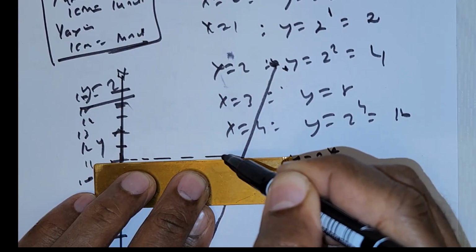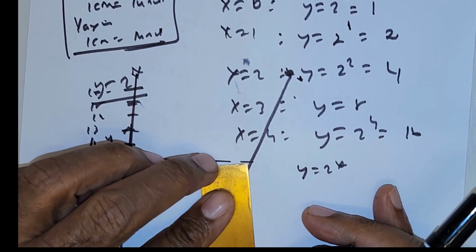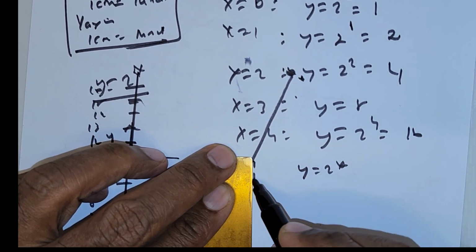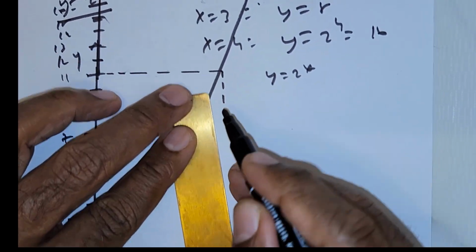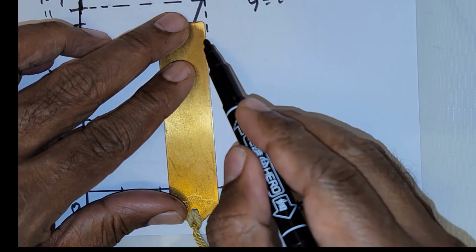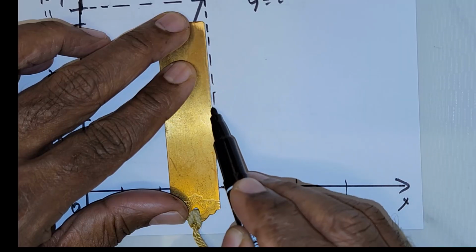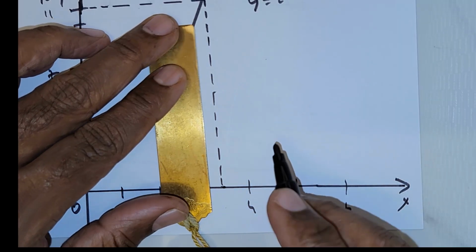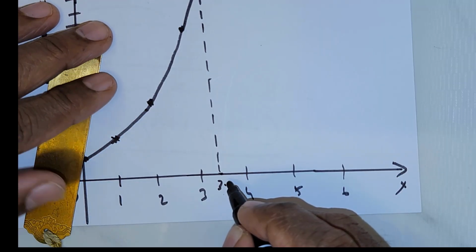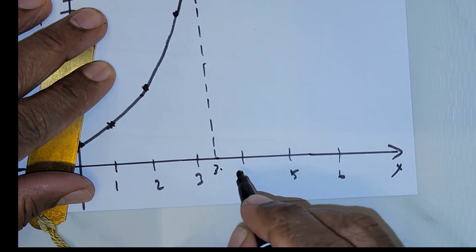y is 11, and you drop the line. This is an approximate. You drop the line and you mark it as 3.46.